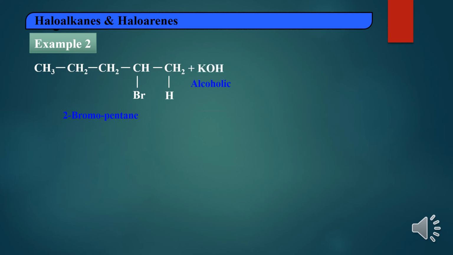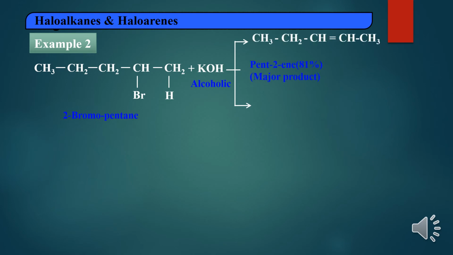Now when it is reacted with alcoholic potassium hydroxide, what happens? From which beta carbon atom will the hydrogen be eliminated? Let us consider, you write both the products first. Once you eliminate hydrogen from the left side carbon atom, and once you eliminate from the right side beta carbon atom, and from alpha you eliminate the halogen.